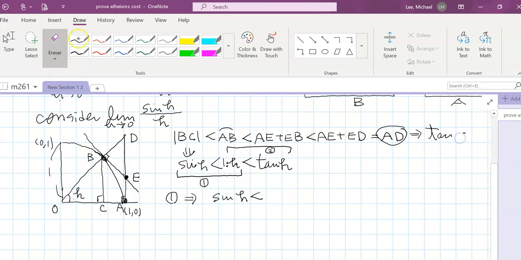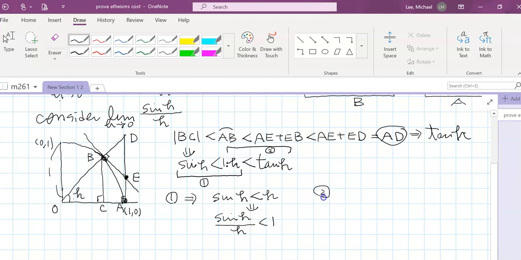That should be tangent of h. So sine h is less than h. From here, if I divide by h, sine h over h, because they are all positive, is less than 1.